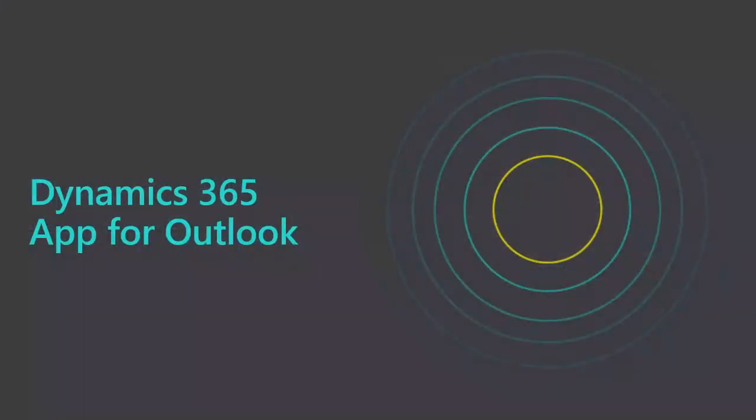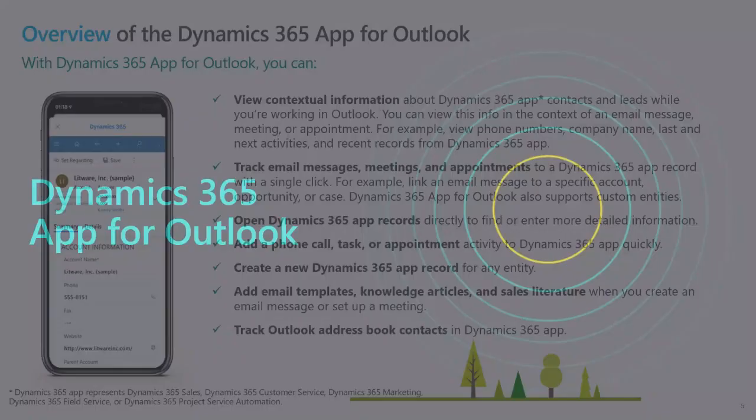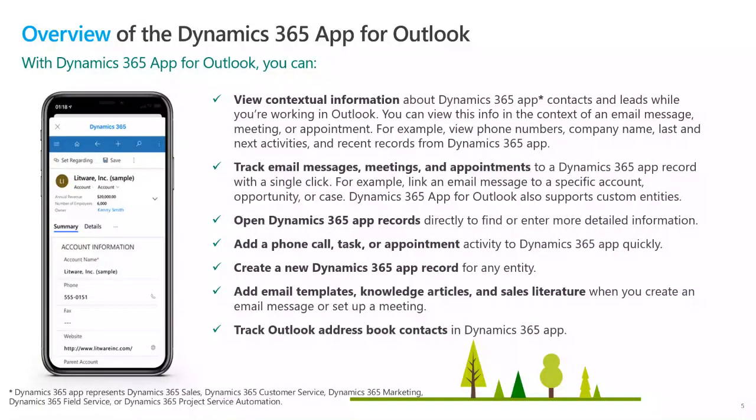So first, let's discuss what's in the app for Outlook. You may already know it, but it's good to review some of the core features. The app for Outlook allows you to view contextual information about Dynamics 365 contacts, leads, and records while you're working in Outlook, without having your CRM opened in the browser and Outlook opened in the background.